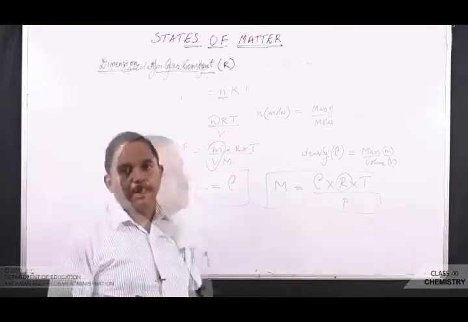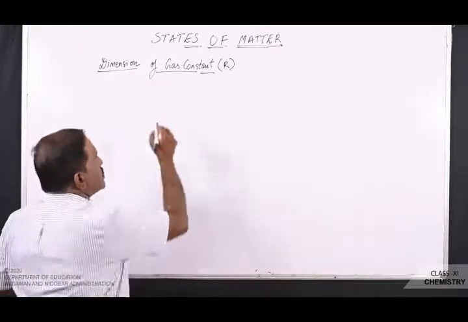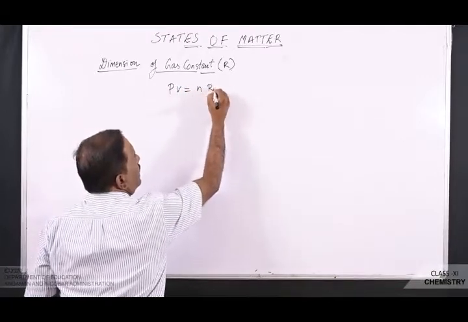Okay students, now let us see the dimension of the gas constant R. So we know the ideal gas equation PV is equal to nRT.